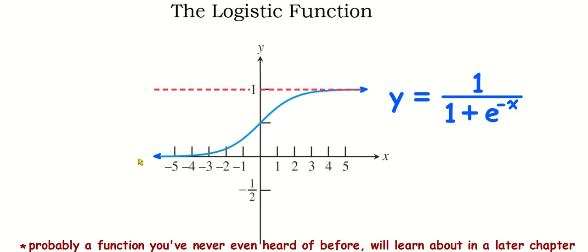And then if you plug in -6, it'd be 1 over 1 plus e to the 6th, which is still positive, but even smaller, even closer to 0. So if you plug in -100, we're talking about 1 divided by 1 plus e to the 100 power. And remember, e is just some number. It's like 2.718.